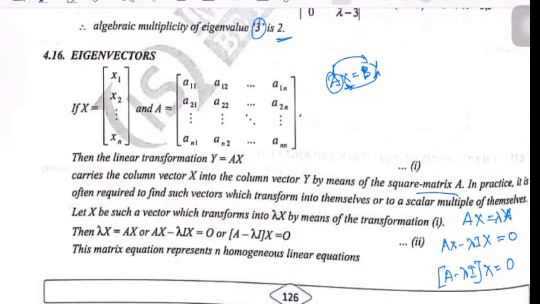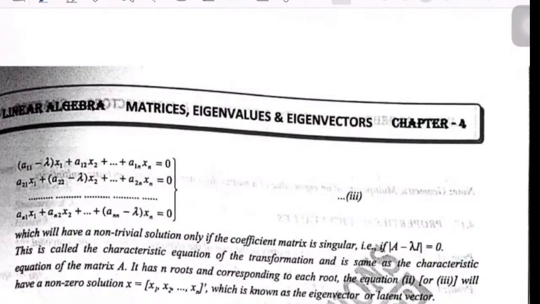This matrix equation represents homogeneous equation, அதாவது எப்படி இருந்ததுன்னா A minus lambda I into x is equal to 0. அப்போ diagonal elementsல மட்டும் minus lambda வந்திருக்கும். This will have a non-trivial solution if... இப்போ எப்போ இந்த homogeneous equation க்கு non-trivial solution இருக்கும். நேத்து பார்த்தபோது அந்த கரஸ்பாண்டிங் மேட்ரிக்ஸோட டிட்டர்மினன்ட் 0வா இருந்ததுன்னா இதுக்கு non-trivial solution இருக்கும்.